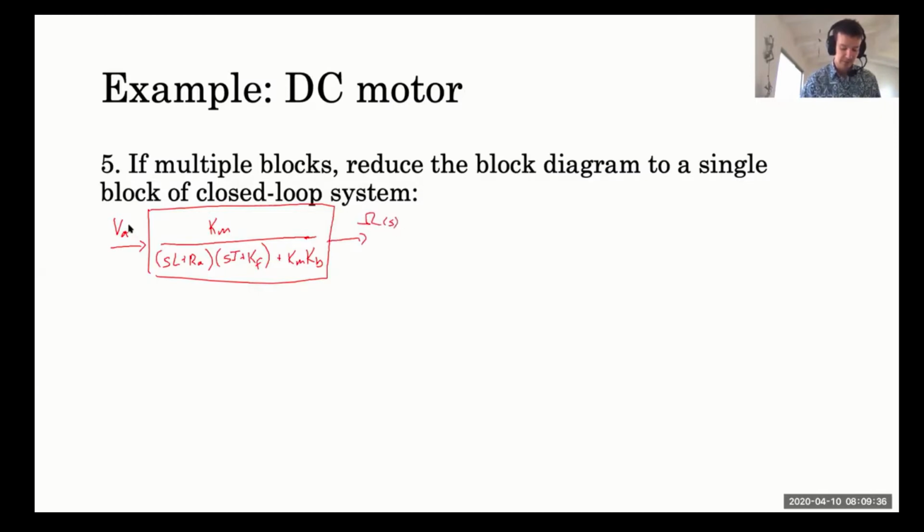So in the S domain, this is the transfer function from the armature voltage to the speed of the motor shaft. I want to highlight a couple things that I didn't get to in the last lecture.